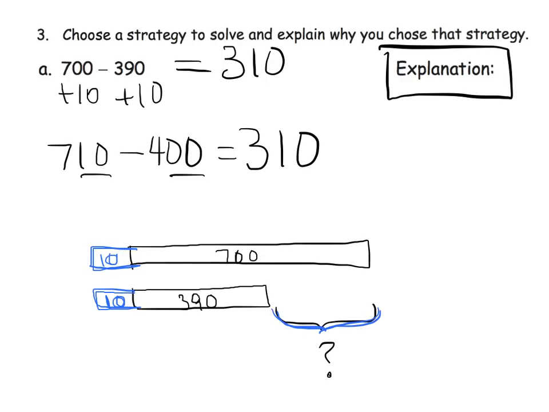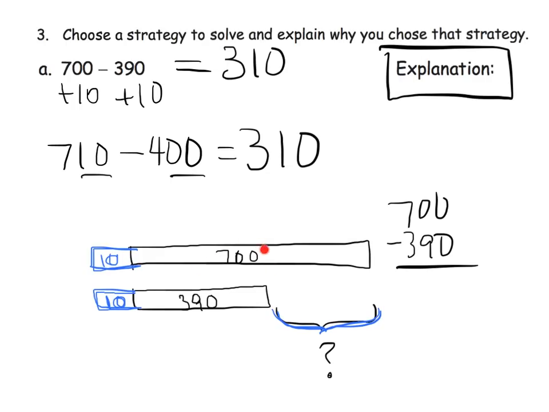So instead of thinking of this as 700 take away 390, that's the black part here, we could include the blue part and make it this whole thing, which is 710 take away 400.